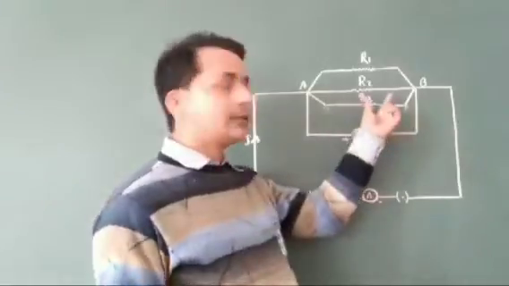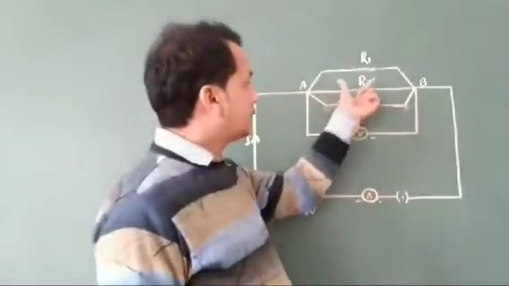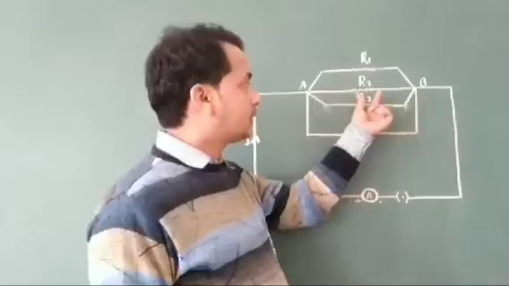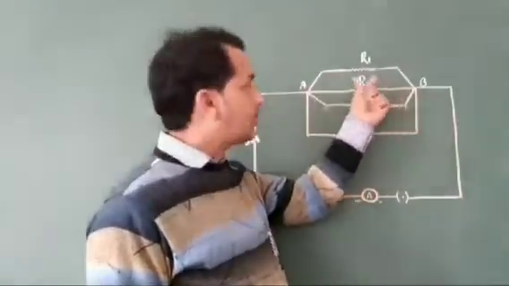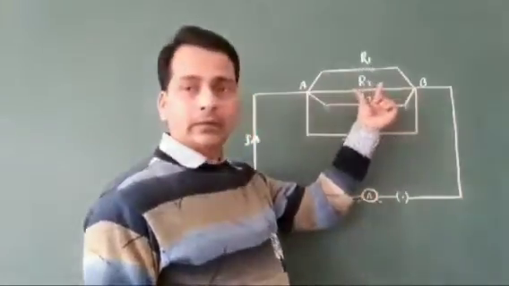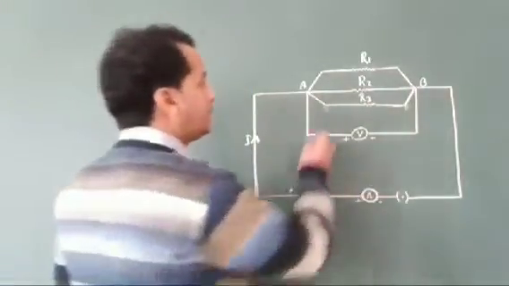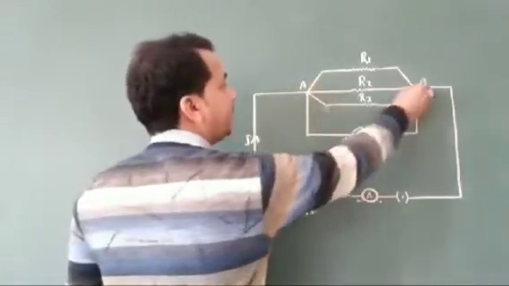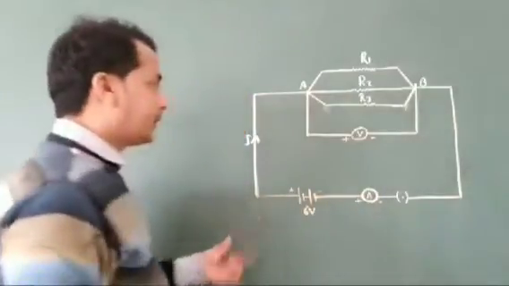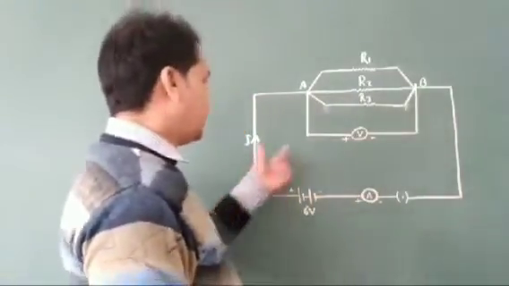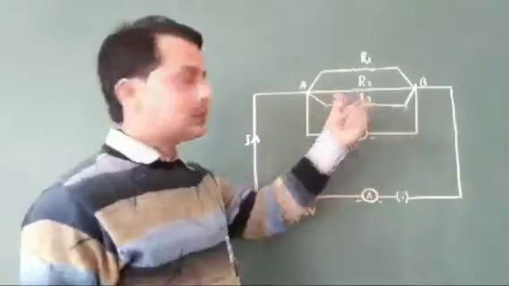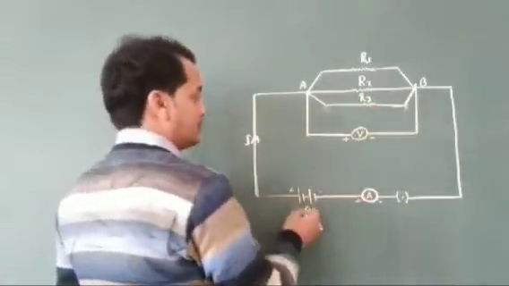This is a parallel combination, because the three resistors join at points A and B, and here the electric current in the three resistors is different.